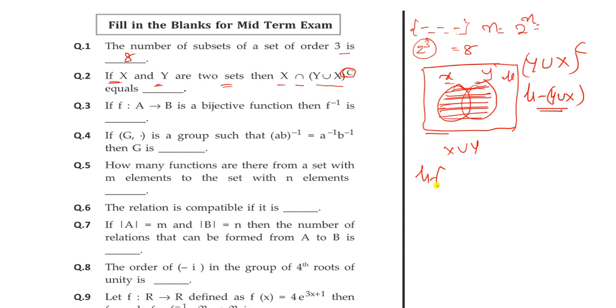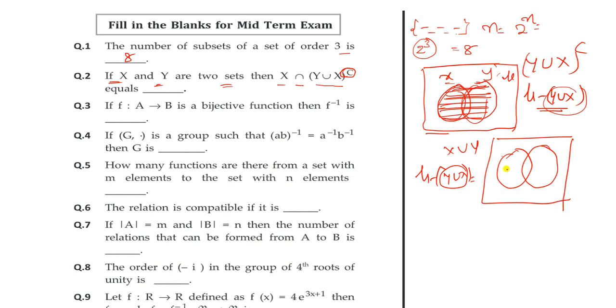Mu minus (y union x) means we have to subtract this entire part from the union. So what will be the diagram? Simply we will get it like this. We should subtract this part and this part from the union. So this is x, this is y, and we will get it like this.